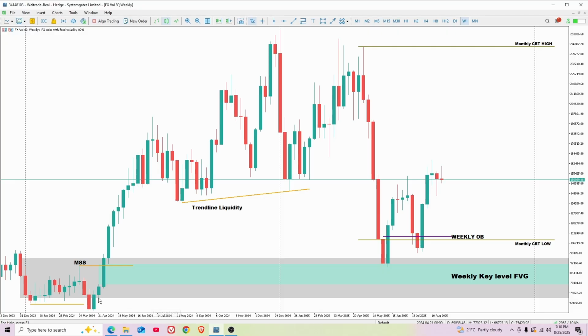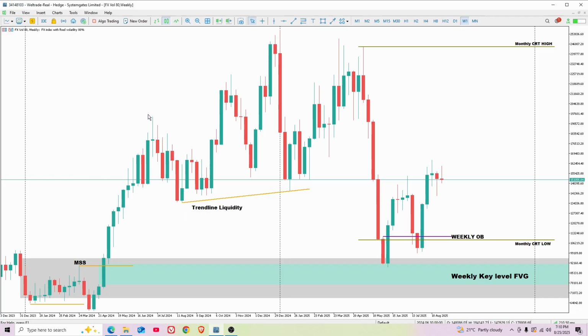Right? Then what you will see is that we have a market structure shift over here. The market took out the low, it took out the high, and we then had a market structure shift to the bullish side, right? And the market went up as usual, creating trendline liquidity.